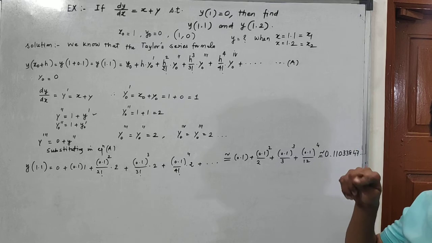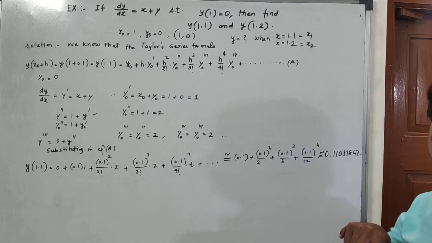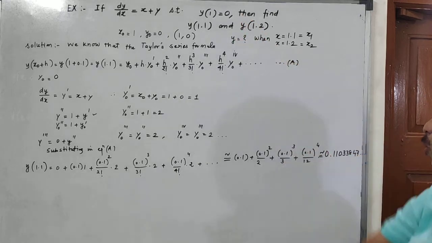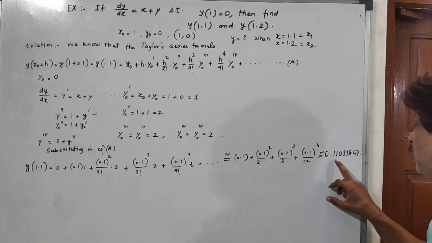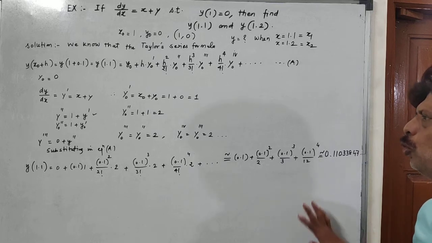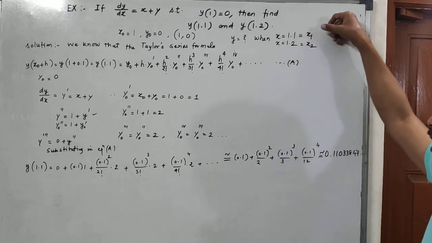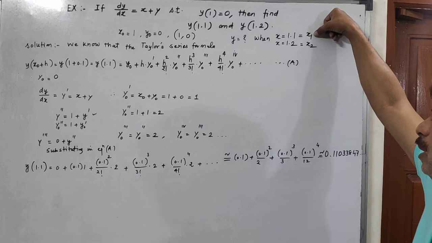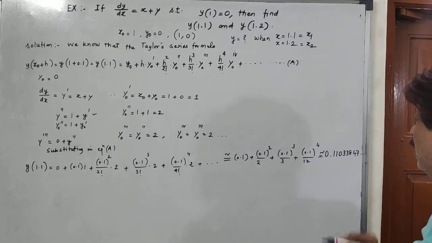Earlier when x was 1, the value of y was 0, so it has been increased by 0.110333847. That is the first value of y when x is equal to x1. Let me call this y1.